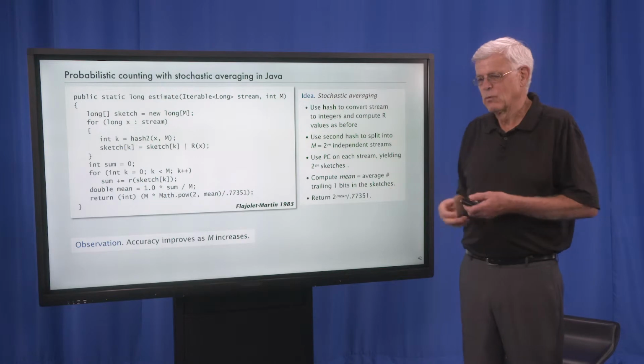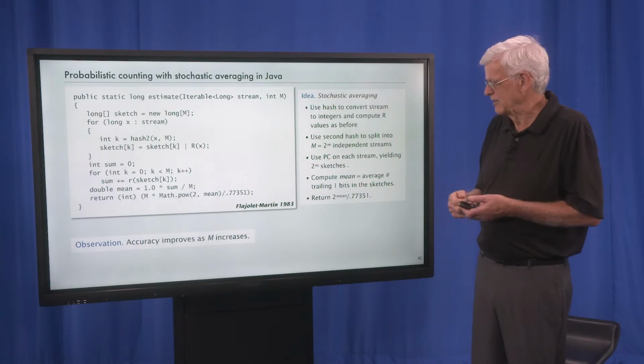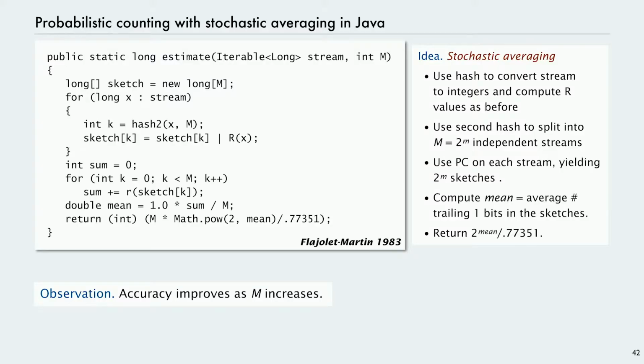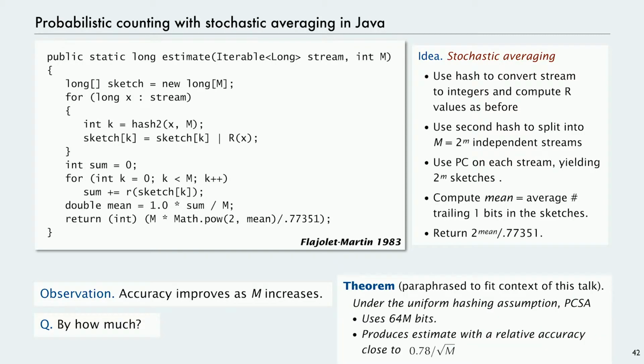Now, what you observe is the accuracy improves as M increases. The question is by how much? And again, there needs to be a theorem, again proven by Flajolet in the original paper, that says that it uses 64 M bits.